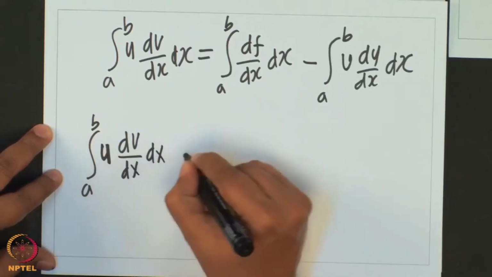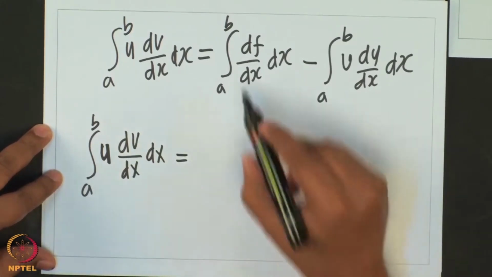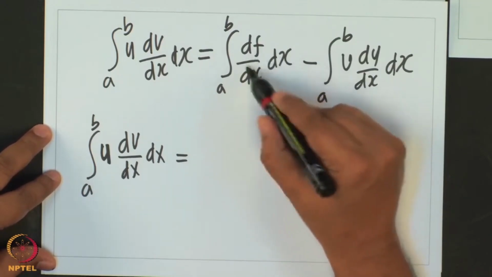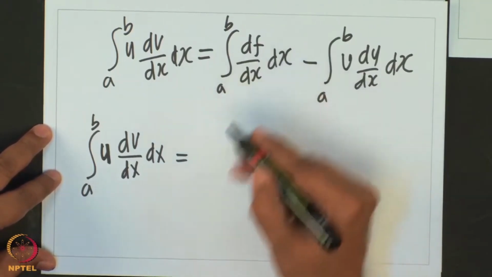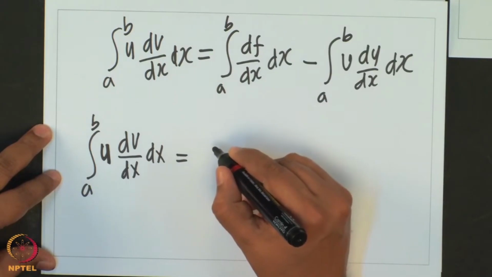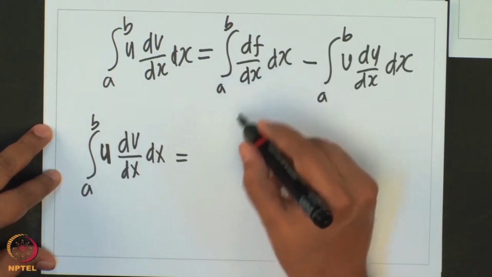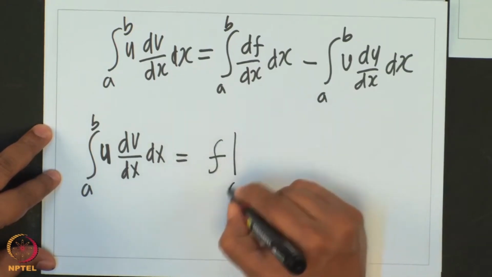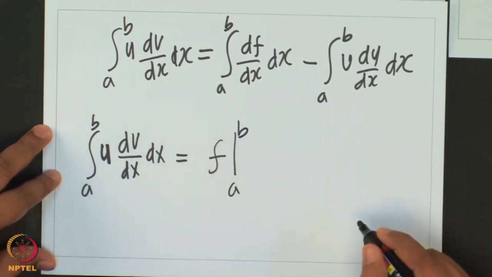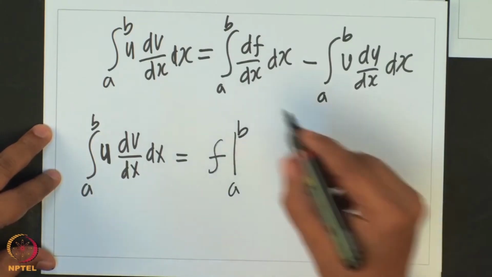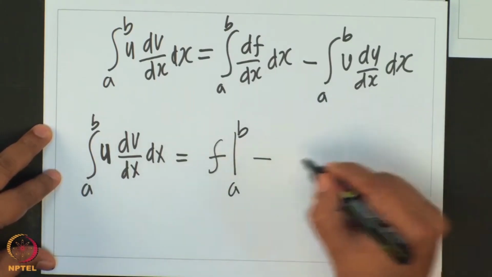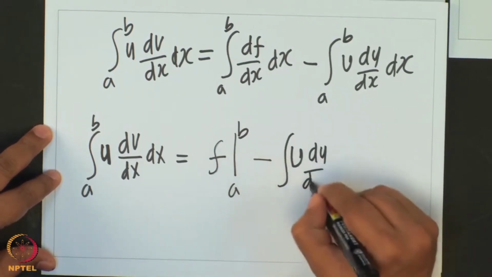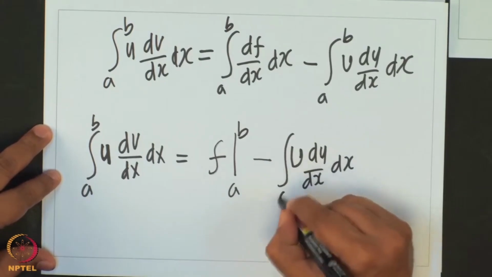Is equal to, you have a derivative df by dx and we know that its integral is going to be f, which is basically the function that we want, in the limit a to b. This is f in the limit a to b minus the integral of v du by dx from a to b.